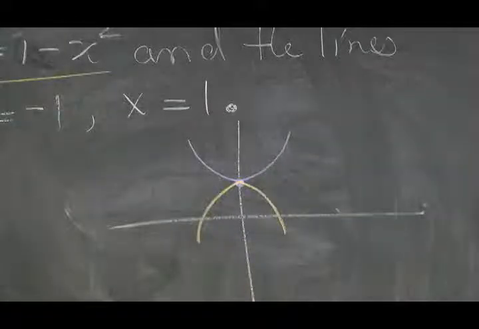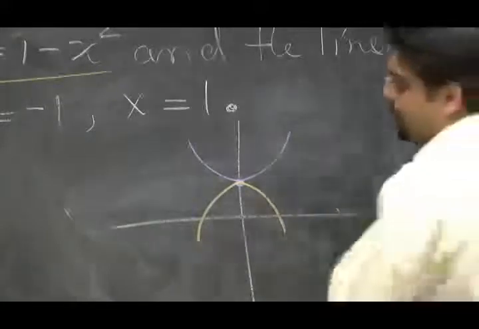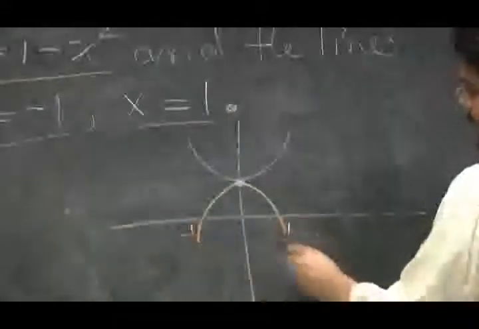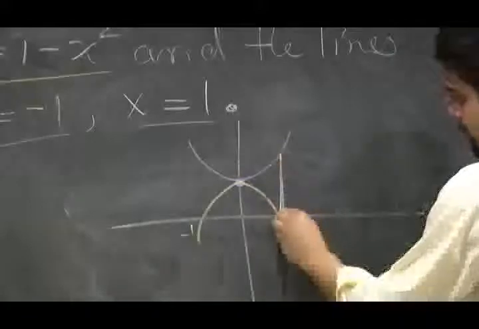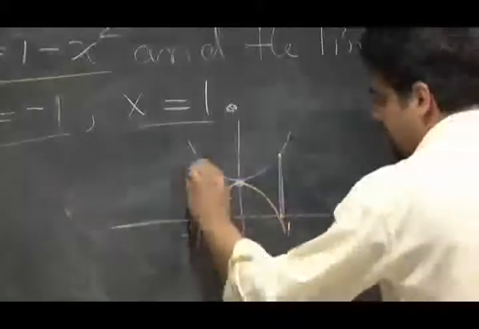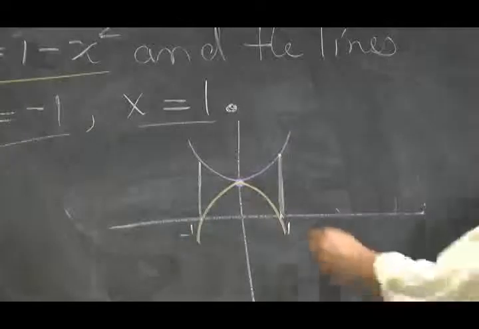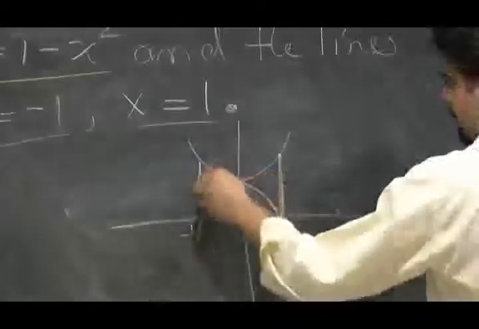Now, we also have to graph the vertical lines, x equals negative 1 and x equals 1. So negative 1 is here, 1 is here, so that would be this vertical line and this vertical line. So the area of the region we're interested in is this region over here.